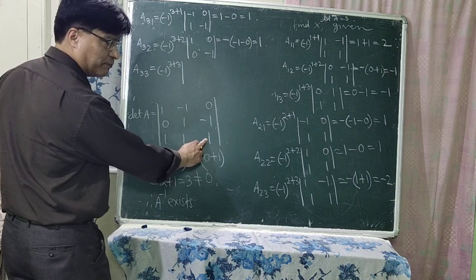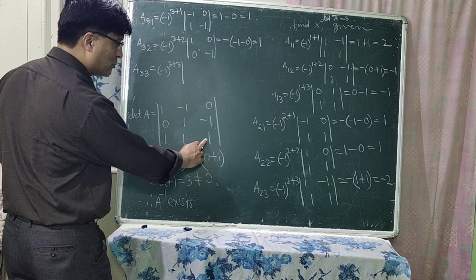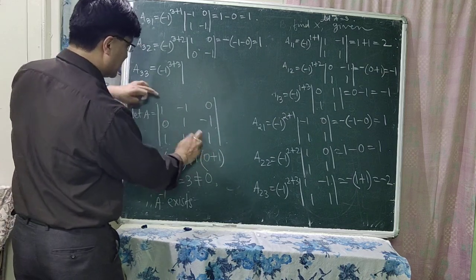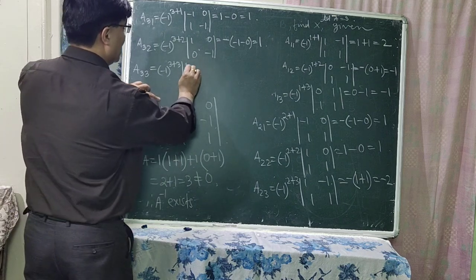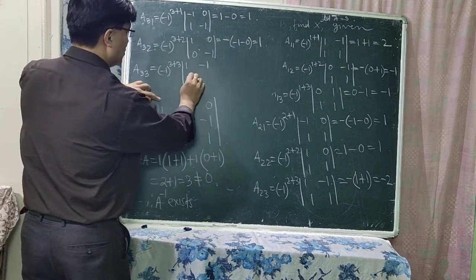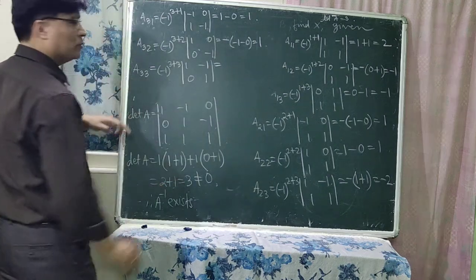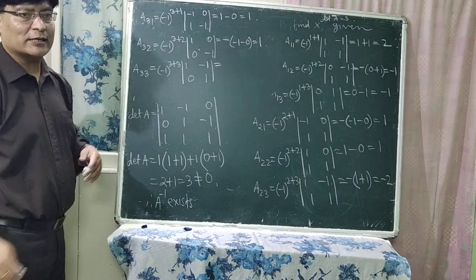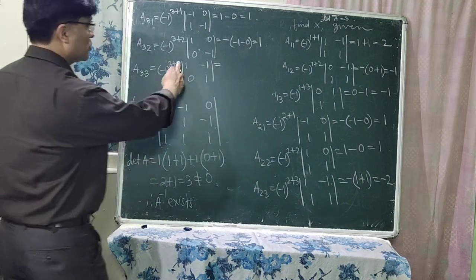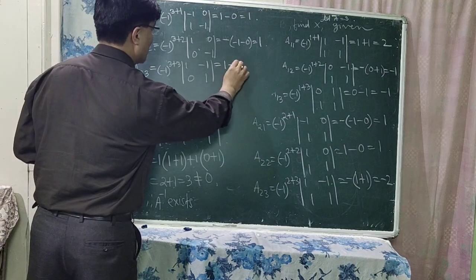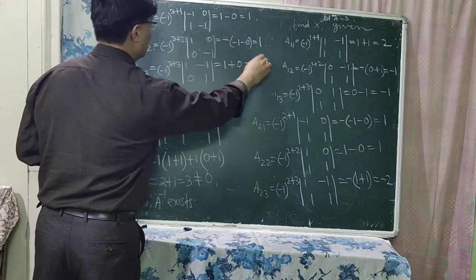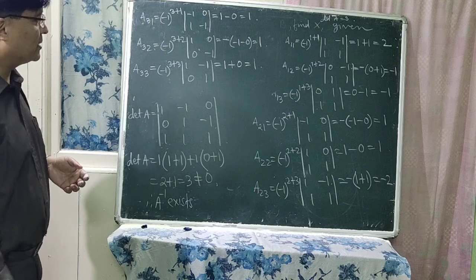That means this is 1. You have to delete the row and the column through the element 1. That means third row and third column are deleted. What remains? 1 minus 1 0 1, which is equal to, what is minus 1 to the power 6? It is plus 1 always. So it is 1 into 1 is 1 plus 0, which is equal to 1. Is that clear?